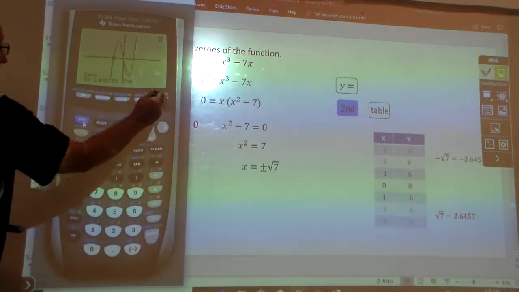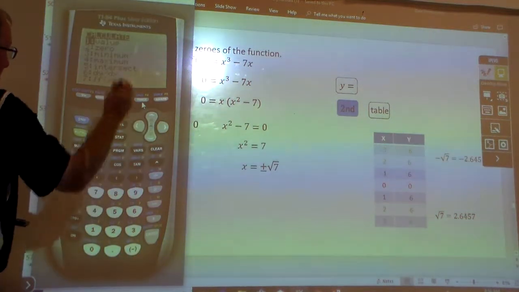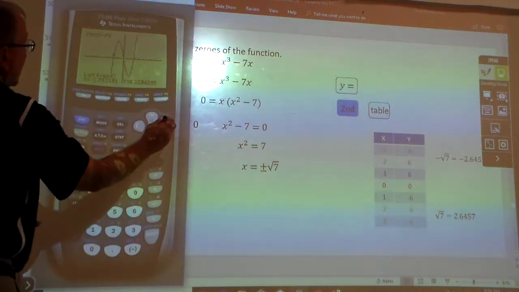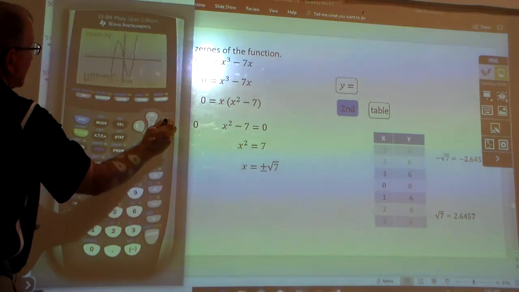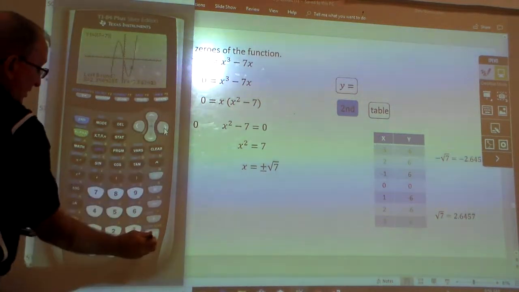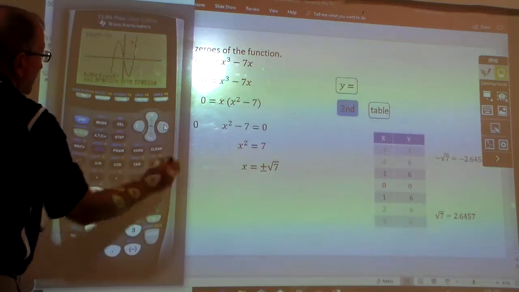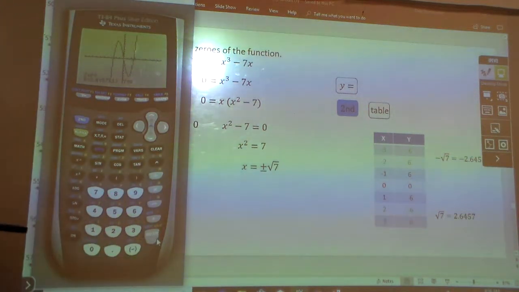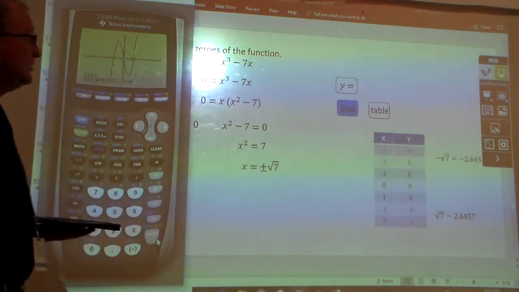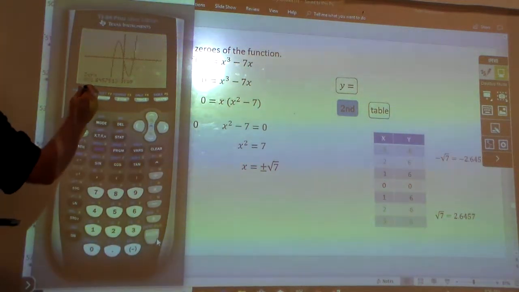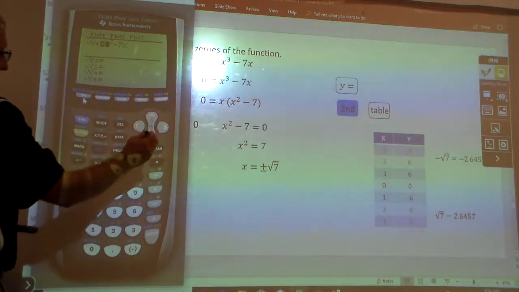I mean, it'd be second calculate. I'll go ahead and do that. I want to do option 2. But this time, I want to be left of it, which is down below it, and above it, right? And it gave me the same exact number, this time positive instead of negative, okay? So that's one thing you can do on that, all right?